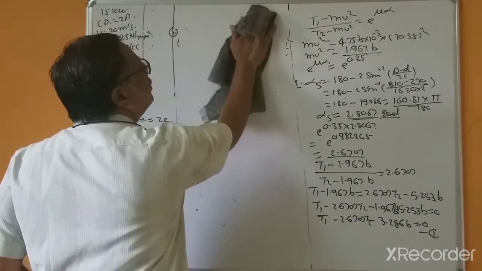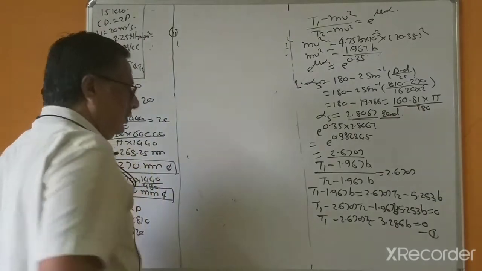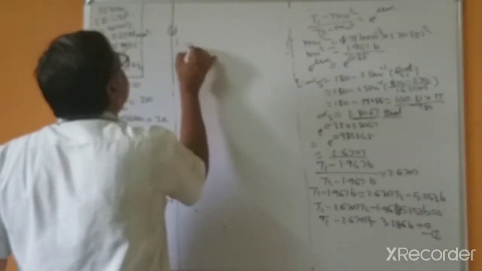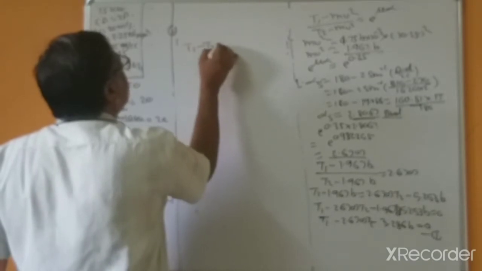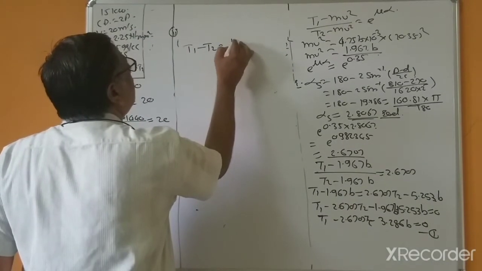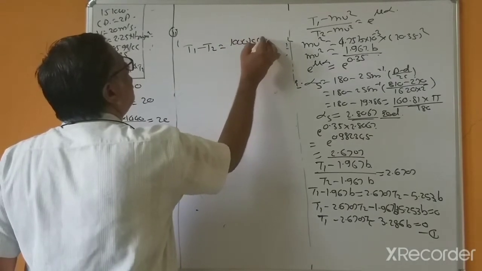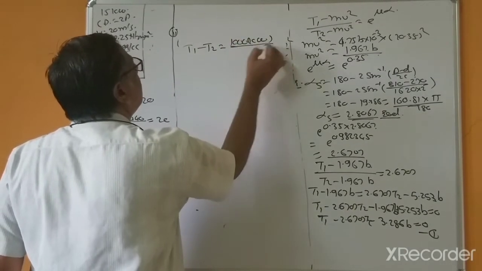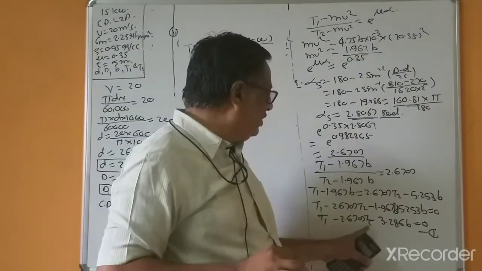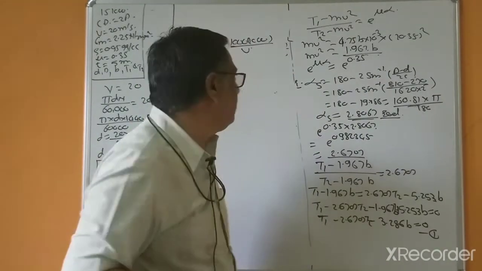V equals 20.35. For the second equation, again use the relation T1 minus T2 equals 1000 into kilowatt divided by V. Because here there are three unknowns, T1, T2 and B, we require three equations.